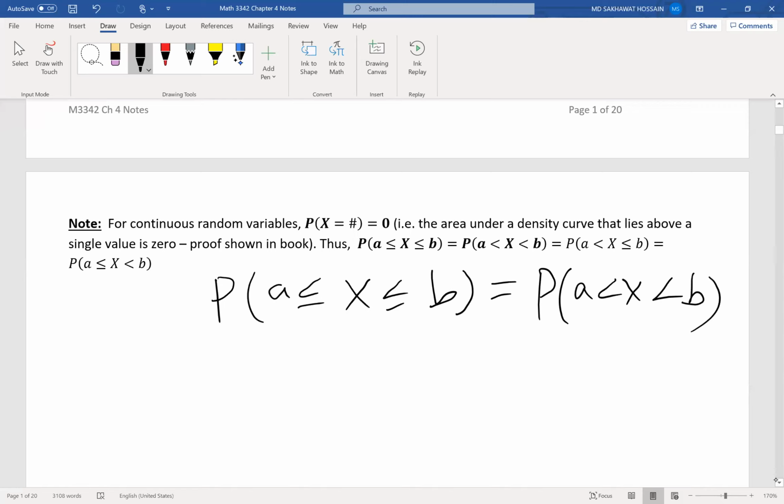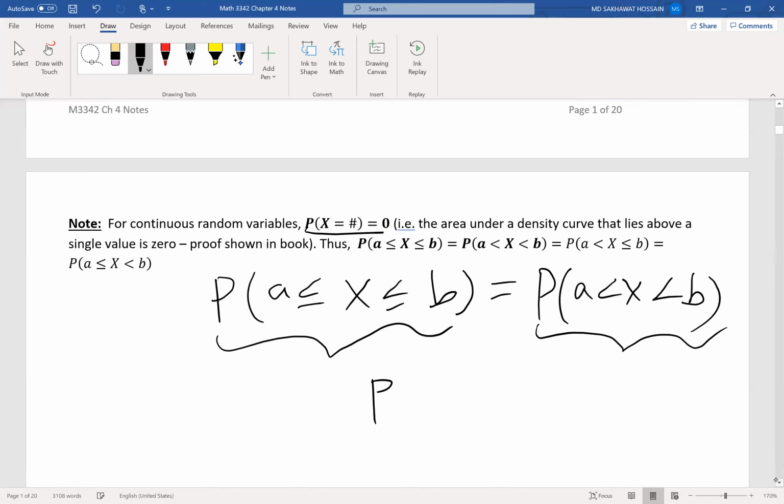So what is the difference between these two notations? The difference is, in the first part we considered x exactly equal to a and x equal to b, but here we consider all the numbers between a and b, but we didn't consider the values a and b. Actually, in probability, it doesn't make any difference, because we already know that at a specific value for x, the probability is 0.